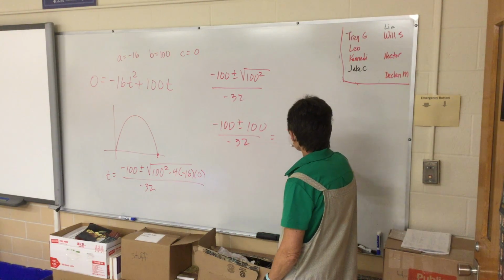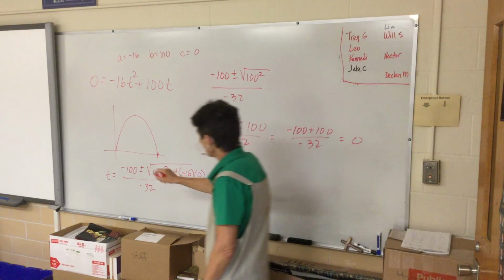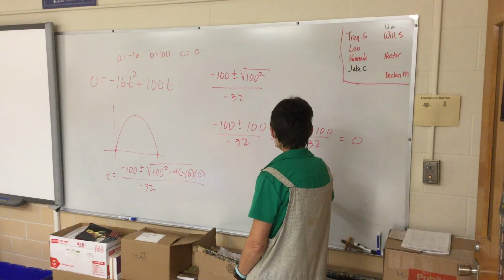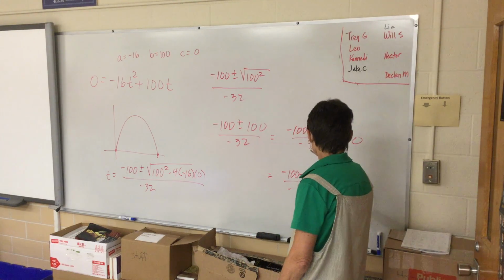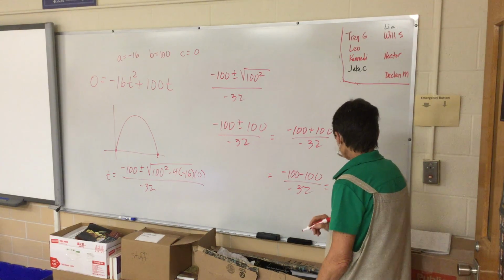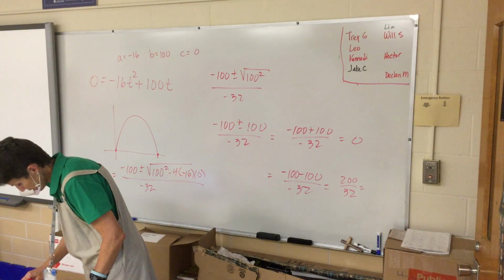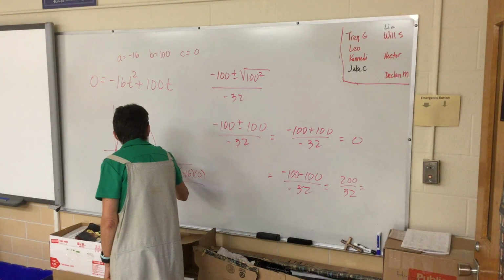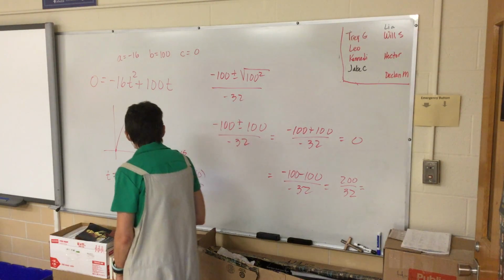So negative 100 plus 100 is 0. That's this point. I don't care about that one. And then negative 100 minus 100 is 200 over 32, which if you did that on your calculator, you would have gotten 6.25 seconds.